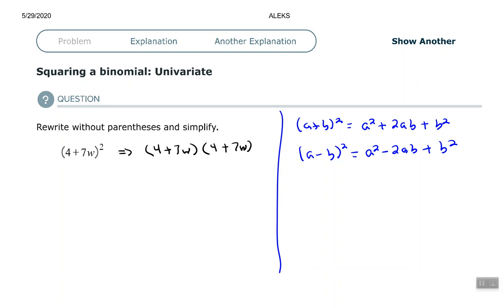All right, so knowing this formula keeps us from having to multiply this all the way out using the full distributive property.